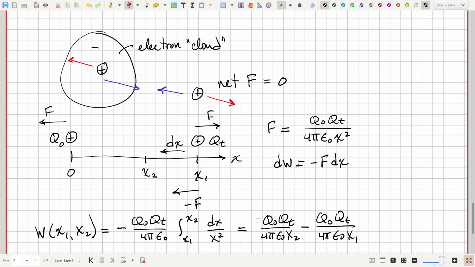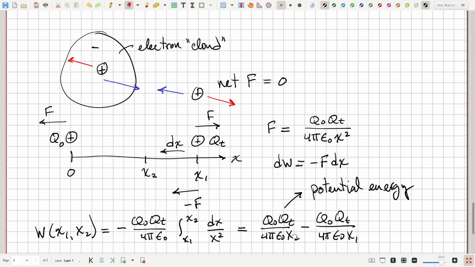And so this leads us to define each of these as a potential energy. The potential energy of the test charge at position x2 and then at position x1. And so the difference of these potential energies then represents the work that we have to do to move the charge from x1 to x2.